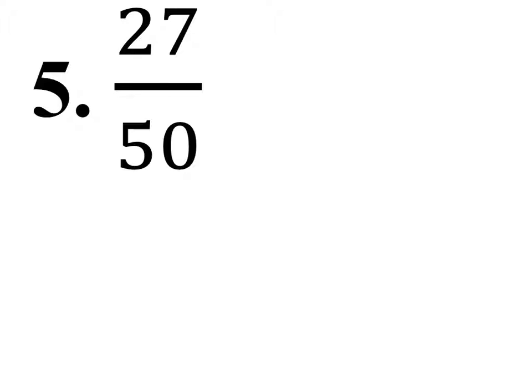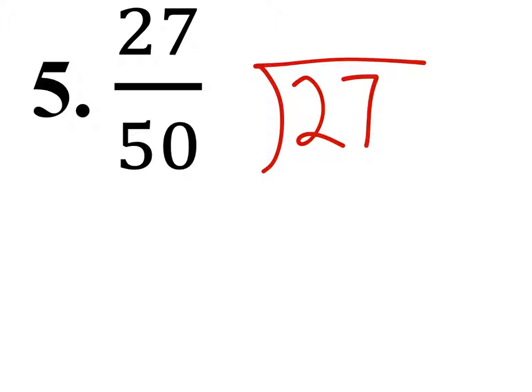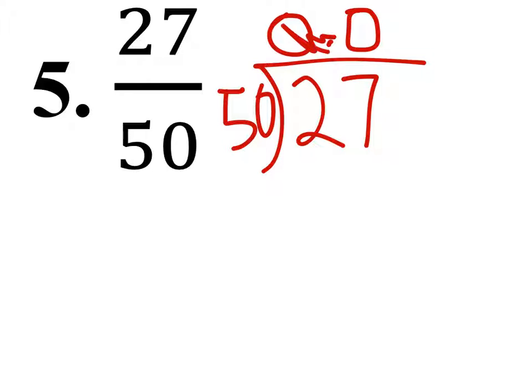Okay, so first we have to do 27 divided by 50. And so 27 goes into 50 0 times. And so then you have to bring another 0. And then 50 goes into 275 times.